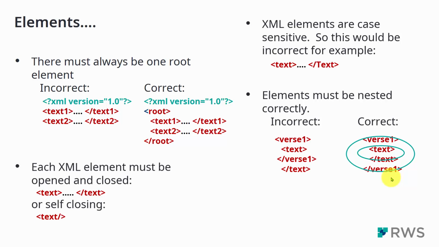They're nested, and they must be nested correctly. In the incorrect version, you can see they cross. So I hope that explains the concept of nesting. If you don't have correctly nested tags in XML, the XML is considered to be not well formed, and that will also throw an error within a CAT tool when you try to open it up.